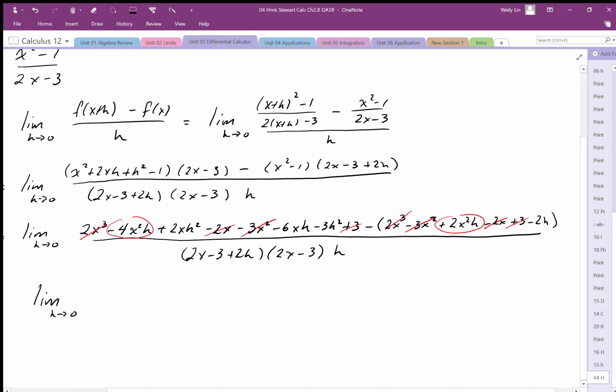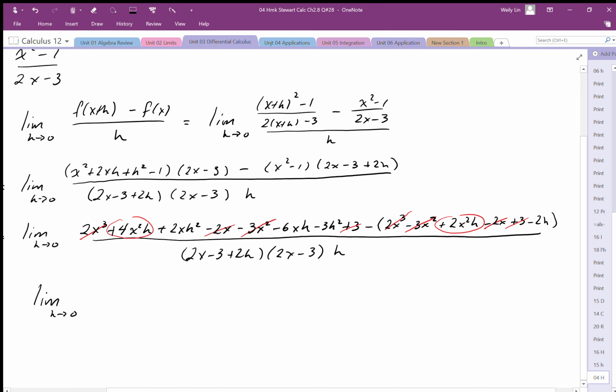Okay, so we have to be very careful with these steps in here, because once you make one error, it's going to mess up the results. So you have to be very careful. So watch my signs and everything. So I have minus 4x squared h minus 2x squared h. Okay, so that's going to be plus 4. I made a mistake with my signs here, didn't I? So that should have been plus 4x squared h.